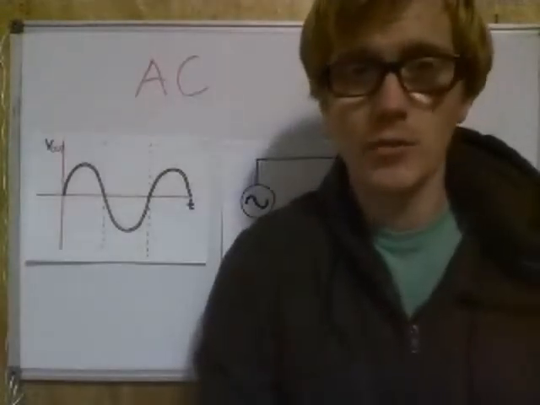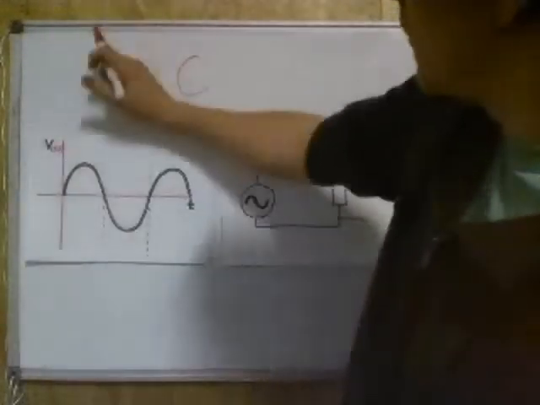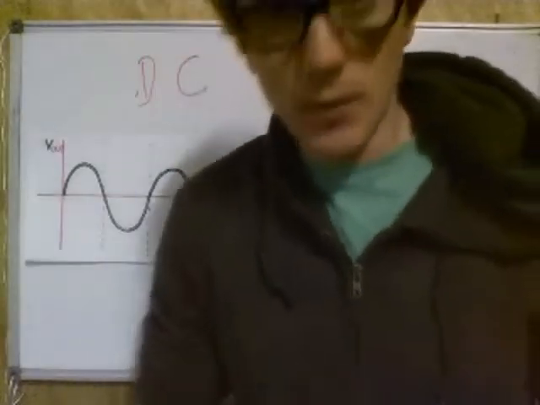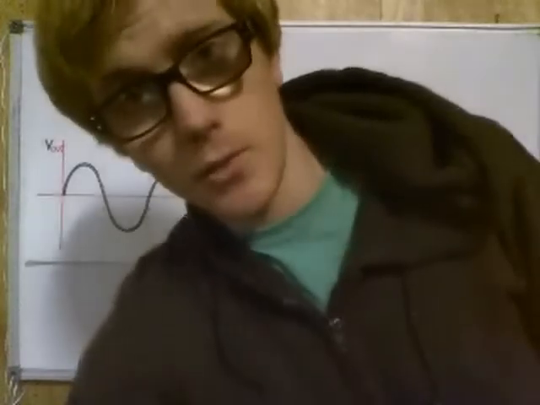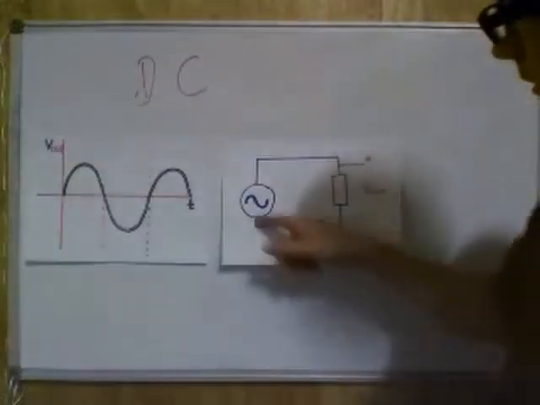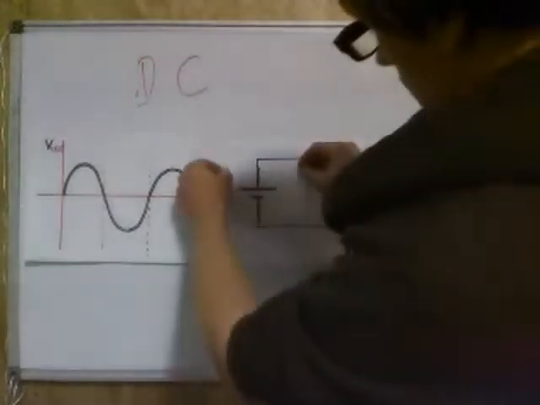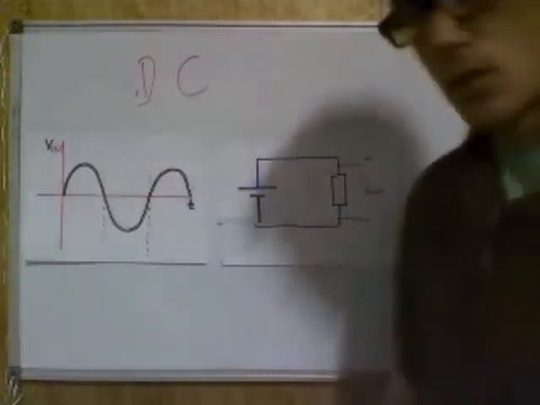Let's now compare that to direct current, or DC. So in a DC circuit, we have a different type of power supply. Okay, we don't have a variable power supply like this. We usually use a simpler symbol for a battery. Okay, like that.